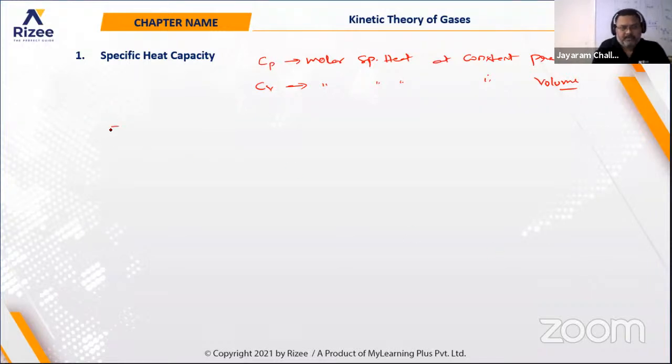By the definition, CP can be written as 1 by n into dq by dt, and the same for CV, 1 by n into the same relationship, but in one case you place the pressure constant, and in the other case the volume constant.